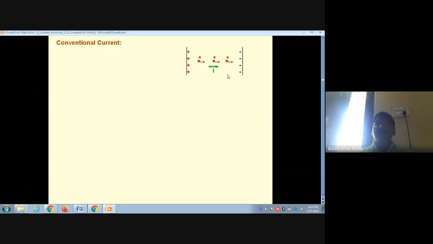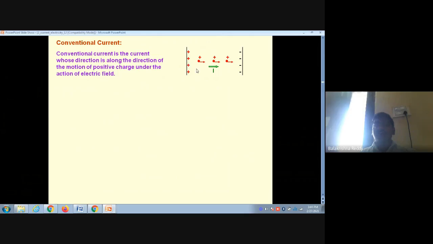We use this word because there was an assumption that electrons move from positive to negative. But after J.J. Thomson found the charge of the electron, it was known that electrons are not the ones moving in that direction; positive charges are considered to move towards the negative plate.